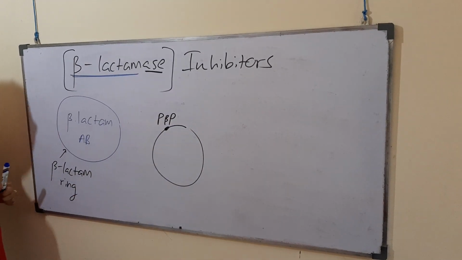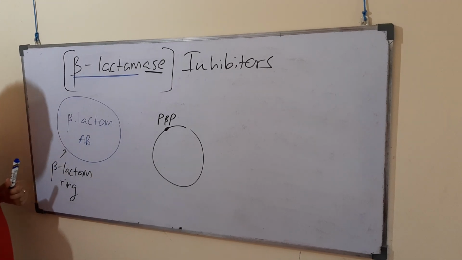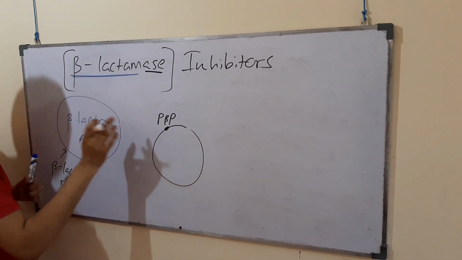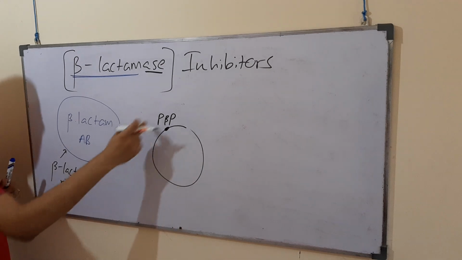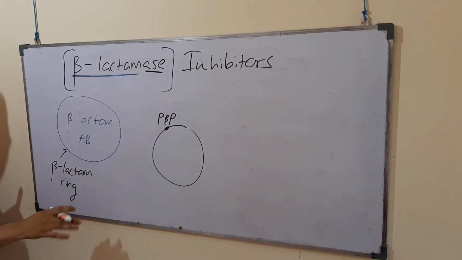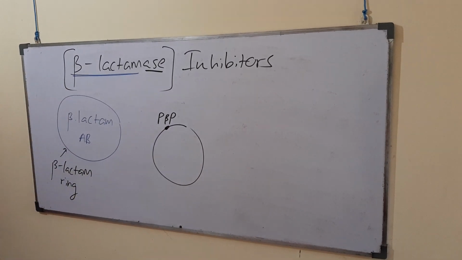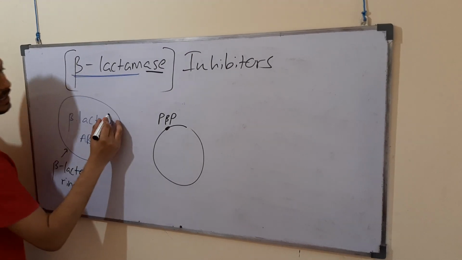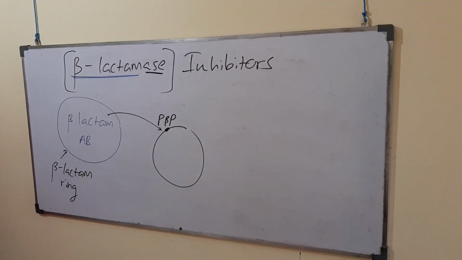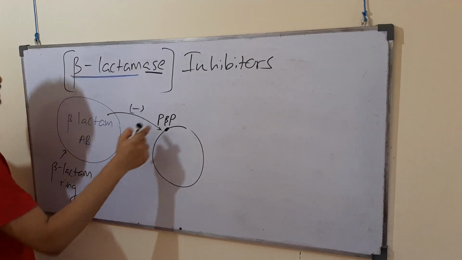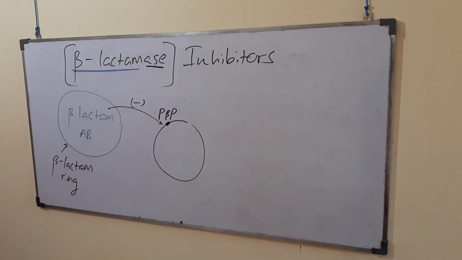PBP stands for penicillin binding protein. This penicillin binding protein exists in the cellular membrane of the microbe. So what these antibiotics do is that they go and bind to this PBP, and they inhibit this PBP from its action.